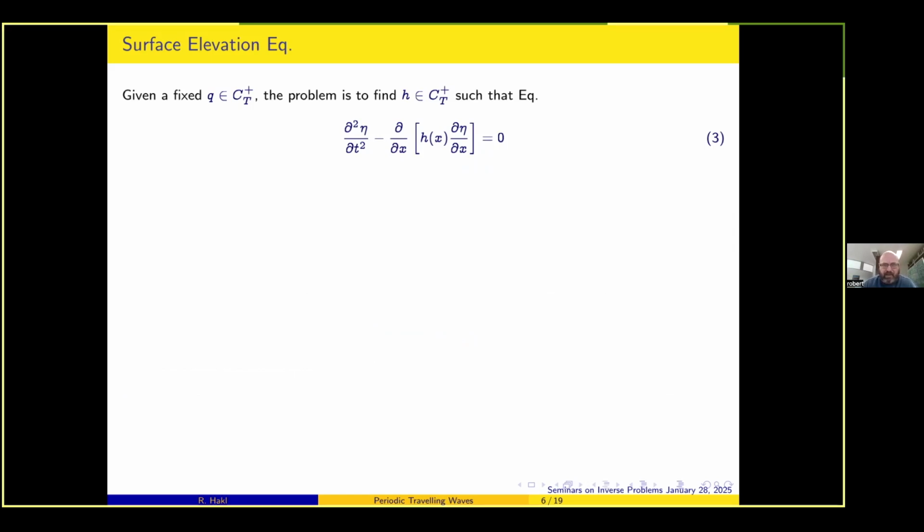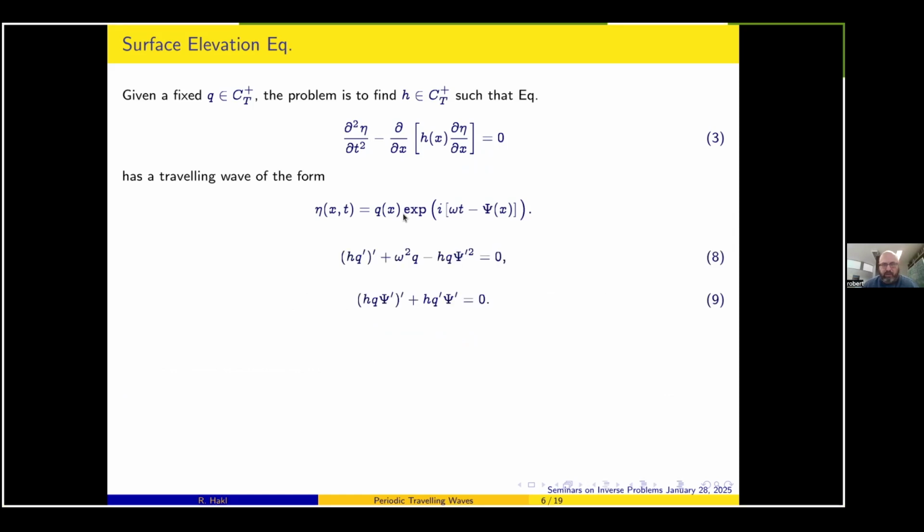We start with the same thing as before. For equation 3 we suppose that it has a solution of this form, of the traveling wave form. And we put it in equation 3, we derive and separate real and imaginary parts, obtaining equations 8 and 9.